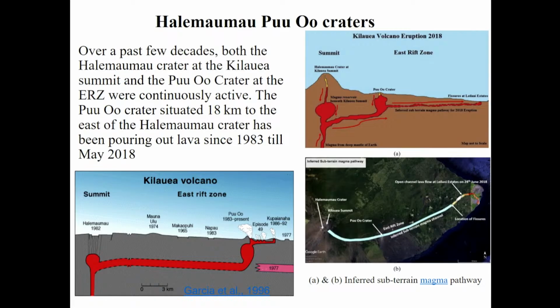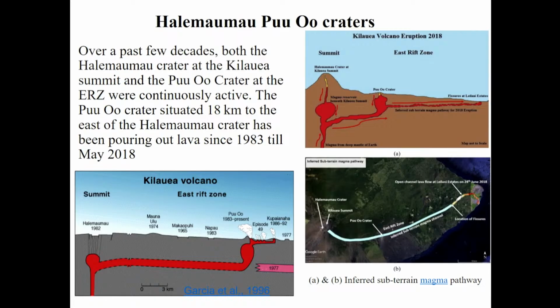Over the past few decades, both the craters, the main crater, that is the Helmamau crater of the Kilauea mountain, and another, the Puo crater, in the rift zone, were continuously active at that time.